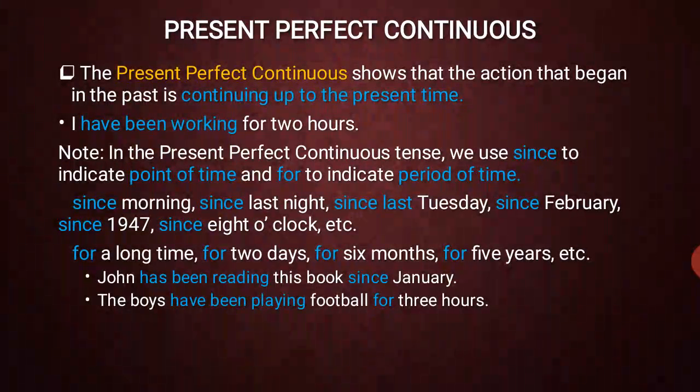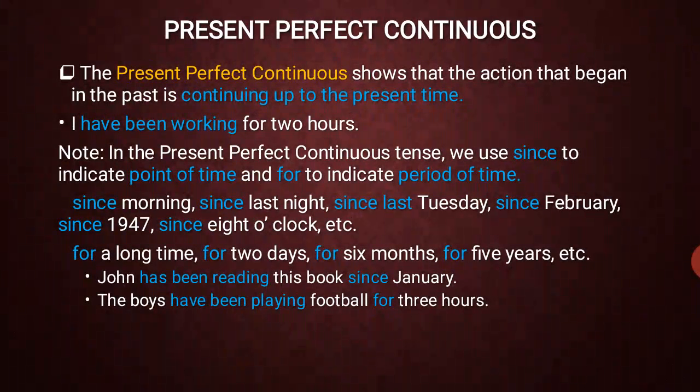Note that in the present perfect continuous tense, we use since to indicate a point of time and for to indicate a period of time. For example, since morning, since last night, since last Tuesday, since February, since 1947, since 8 o'clock. And for a long time, for 2 days, for 6 months, for 5 years, etc.